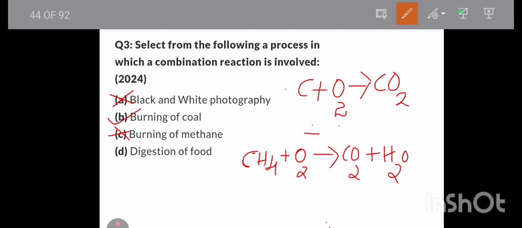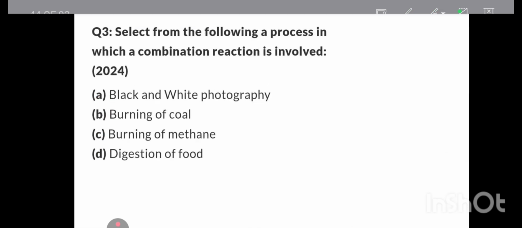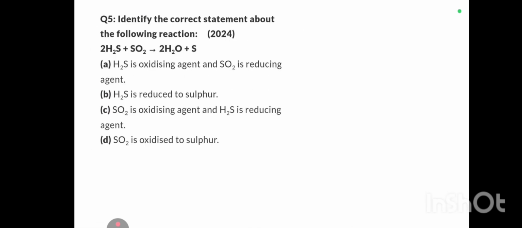Last option, digestion of food. Digestion of food means carbohydrates will be broken down into simpler units, right? 2 or more products will be formed here. So it is also not a combination reaction. So the correct option is burning of coal. Hope this question is clear to you. Let's move to the next question.